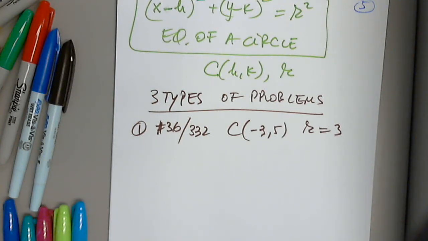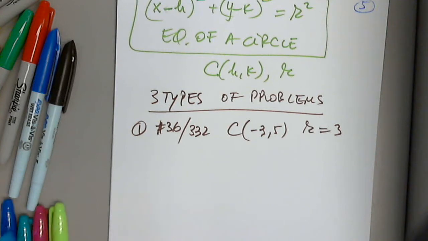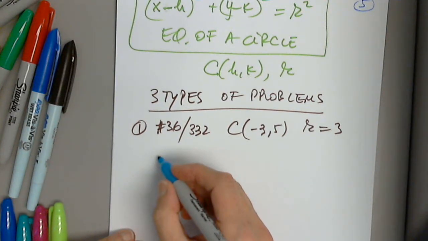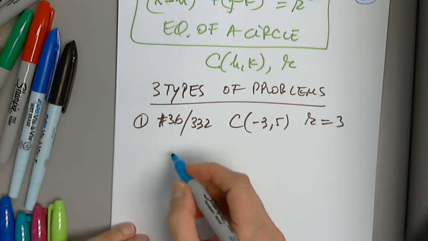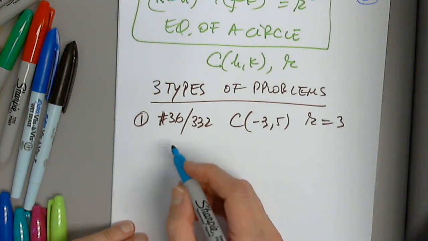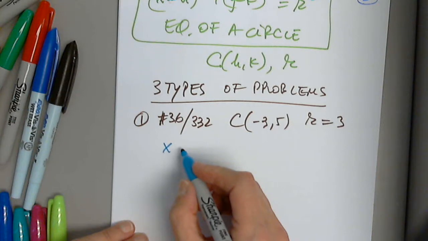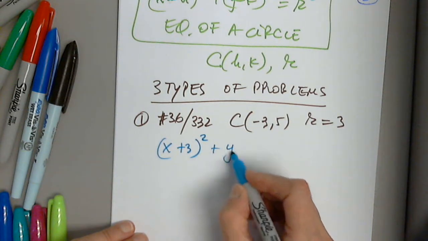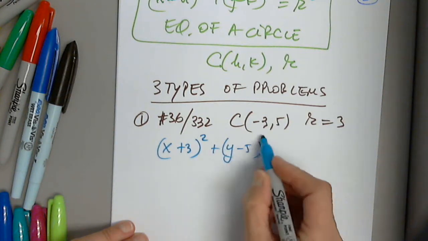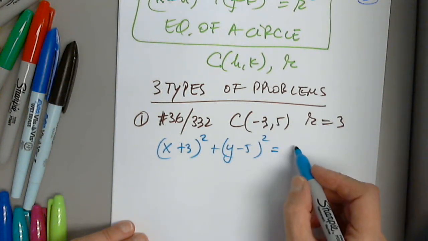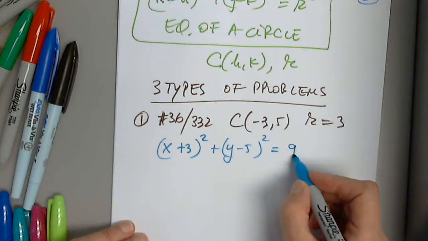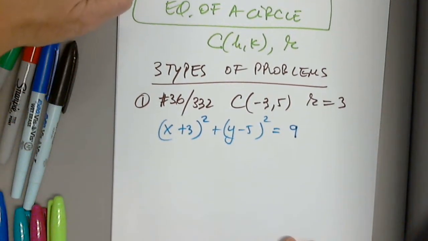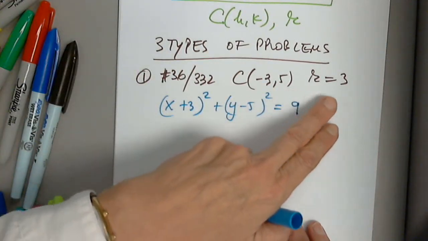Perfect. So x plus 3, squared, plus y minus 5, squared, equals 3 squared, which is 9. Very good. This is the equation of the circle with center -3, 5, and the radius of 3.